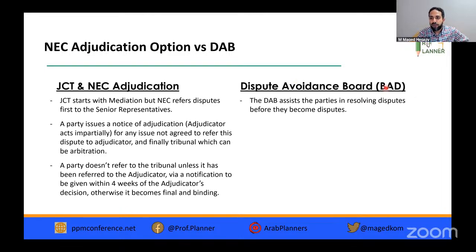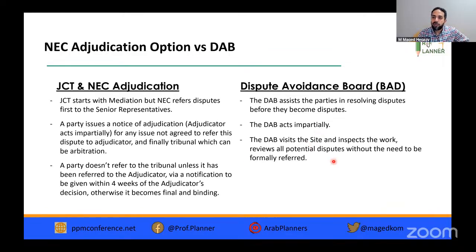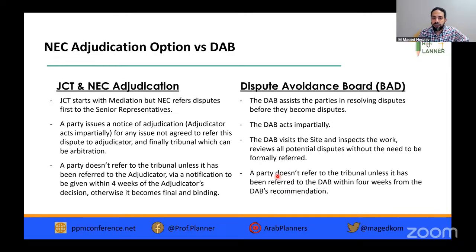The DAB, Dispute Avoidance Board, in the NEC assists the parties to resolve disputes before they become disputes. So it is something like in advance. The DAB also acts impartially. The DAB visits the site, inspects the works, and reviews the disputes, even if not formally referred.